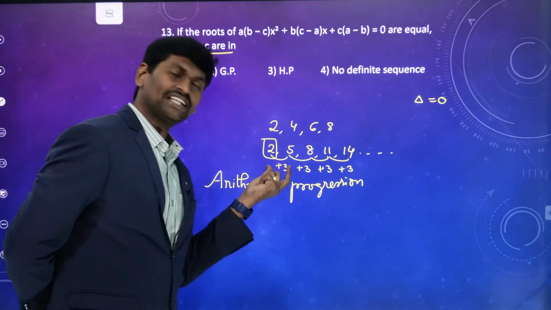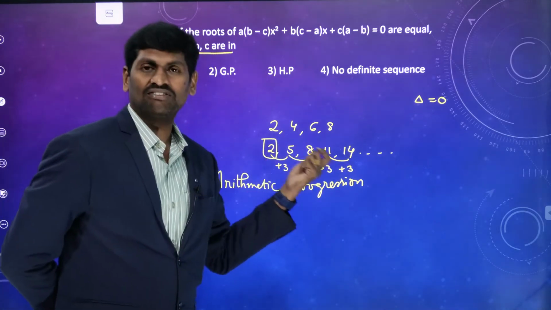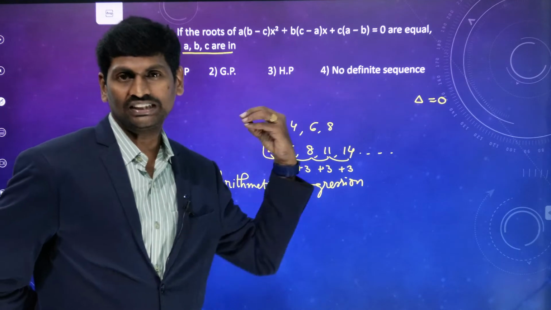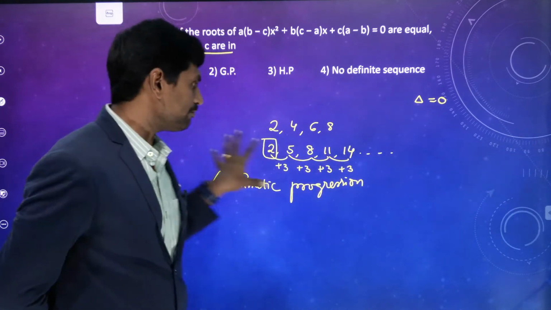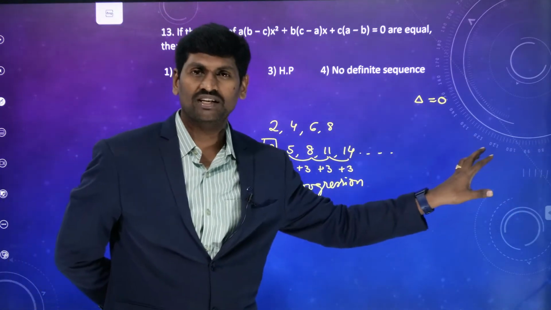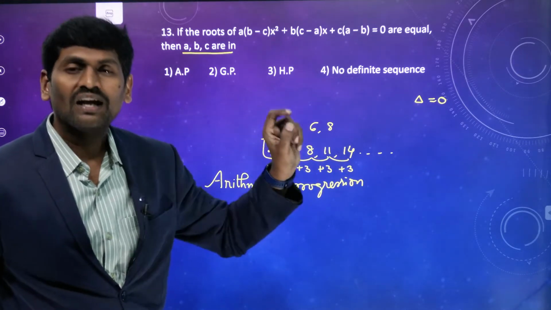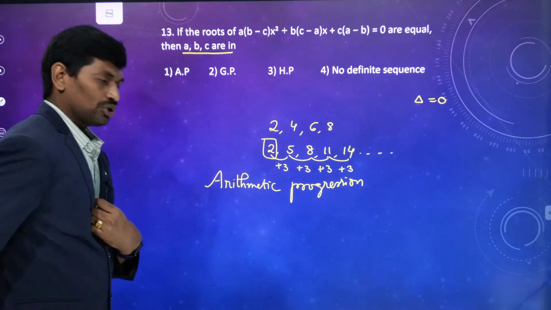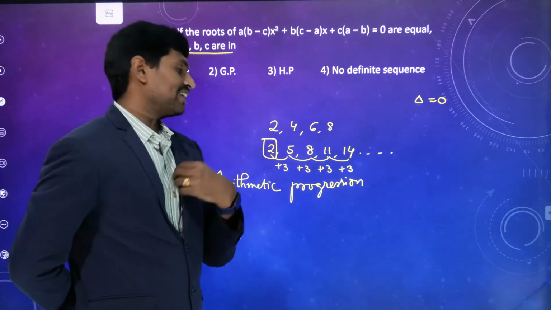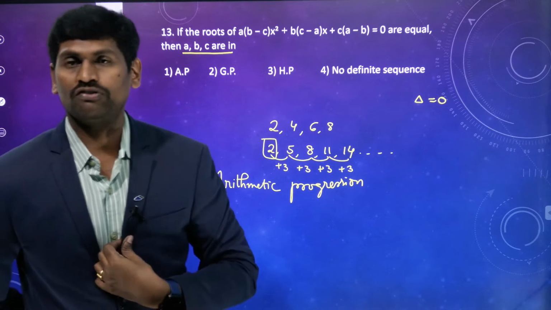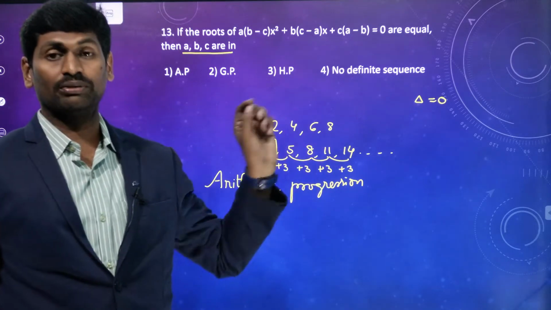For example, minus 3 I am adding: 2 minus 3, 5 minus 3 like that, that means the values are decreasing. If you add positive values, the values will increase. If you add negative values, they will decrease. Very good. So this type of pattern is called arithmetic progression.